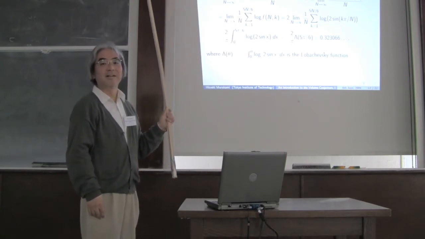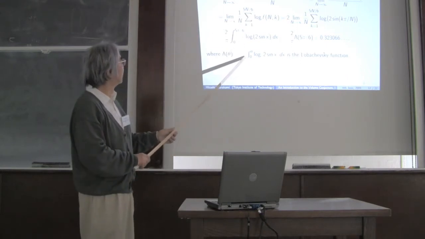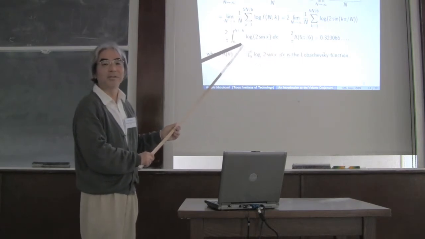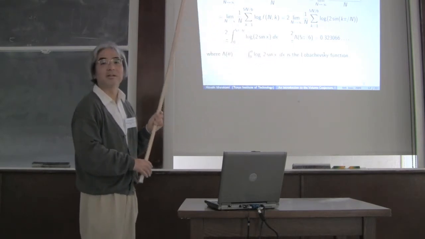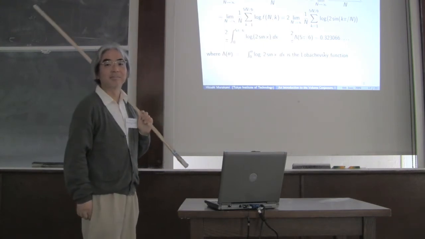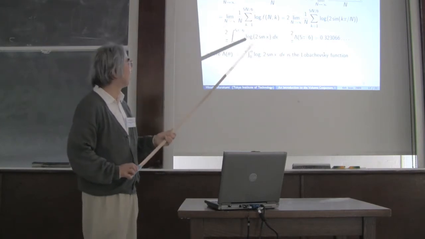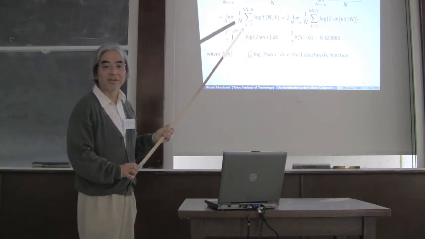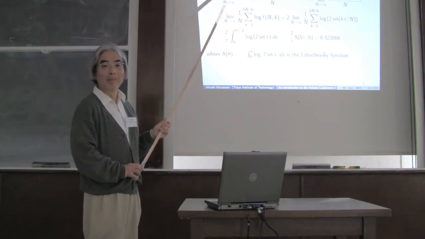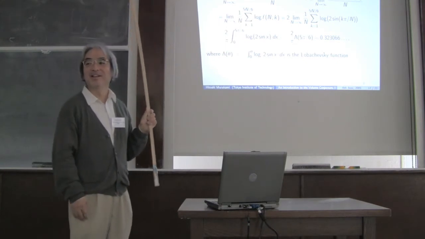The value of the function is positive if theta is small, because sine is smaller than 1, and if you take log, it is negative. So we need to change the sign to make it positive. Okay. Any other questions?